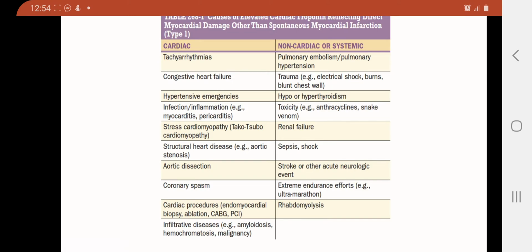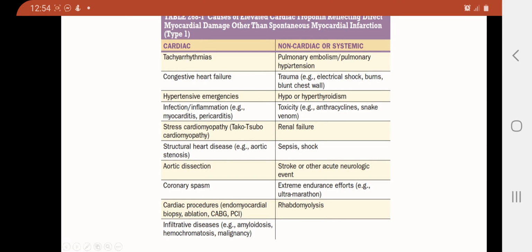This table shows the possible causes of elevated cardiac troponin, reflecting direct myocardial damage other than spontaneous MI. When you say spontaneous MI, that is a plaque rupture. You can have tachyarrhythmias, CHF, hypertensive emergencies, and so on.